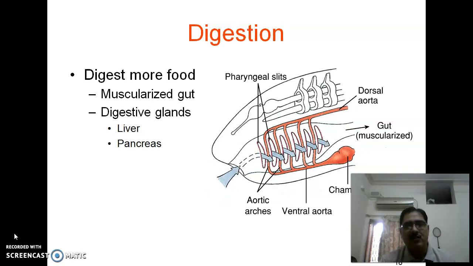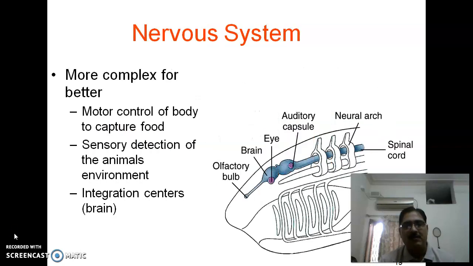As far as the digestive system is concerned, they digest more food because they have a muscularized gut or the alimentary canal. They have accessory digestive glands in the form of liver and pancreas. Apart from it, some chordates have salivary gland to digest the food material.